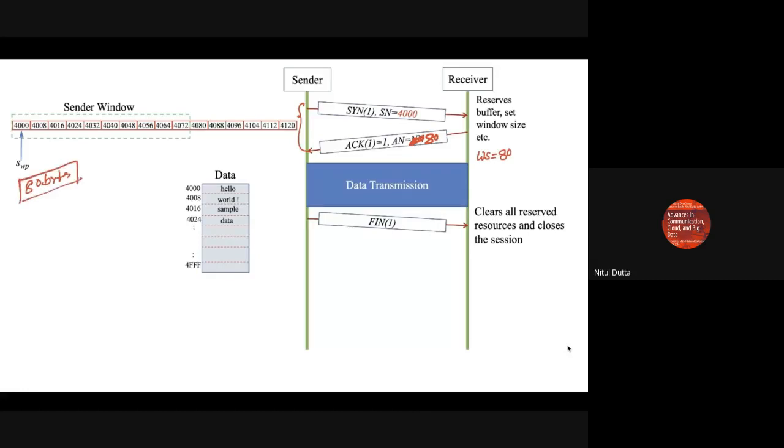That means 10 blocks of data, starting from 4000 till 4072, a total of 80 bytes of data. It can communicate continuously. After this acknowledgement is received and the sender window is prepared, the sync or connection establishment phase of TCP is over.